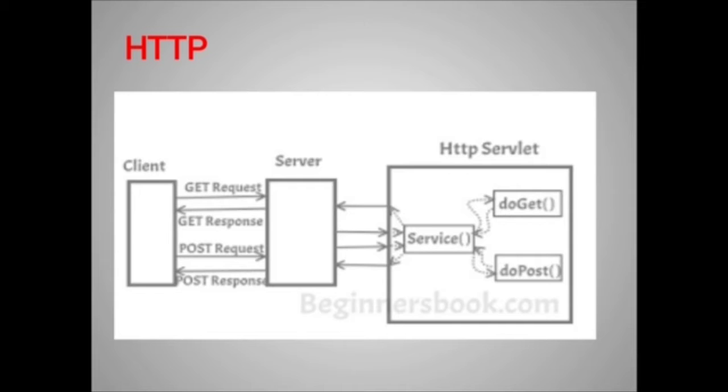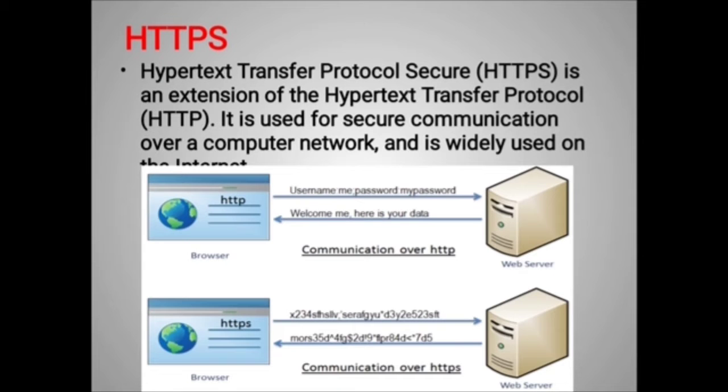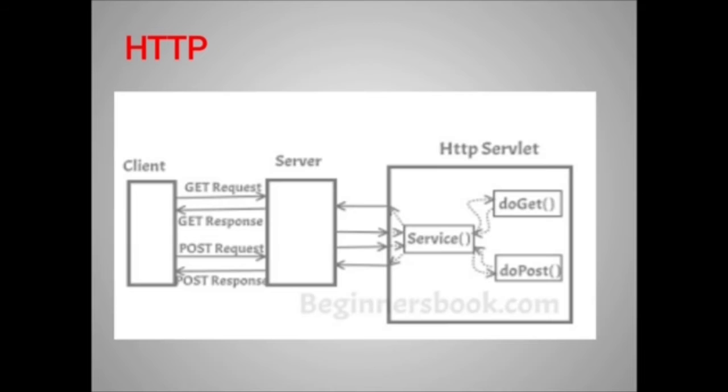Let's come to HTTP, the very famous protocol used worldwide for data transfer, that is HTTP, Hypertext Transfer Protocol. What is the main purpose of this protocol? It is used to fetch web pages from the server. We have often seen that in front of a URL there is something written, that is HTTP.